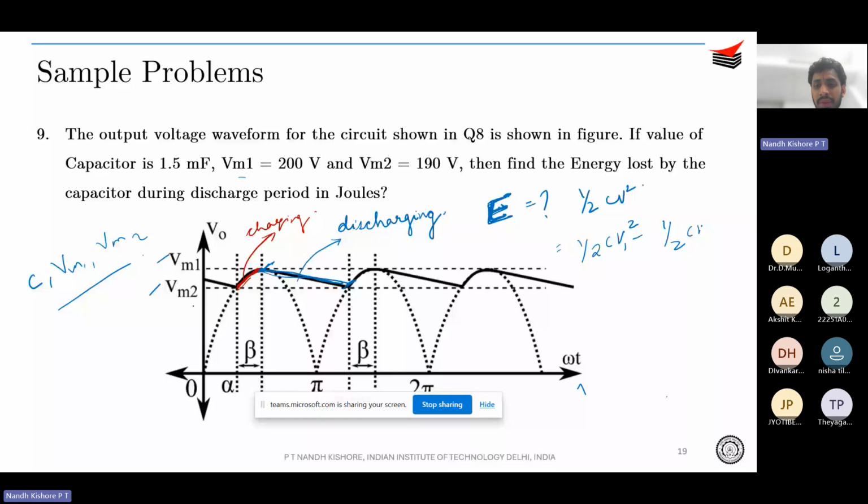Okay. So half into C into V1 square minus V2 square. So 200 square minus 190 square. Correct? What is the answer? Half into 1.5 milli into 200 plus 190 is 390, into 200 minus 190 is just 10.